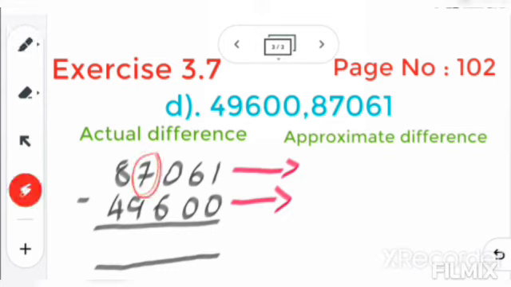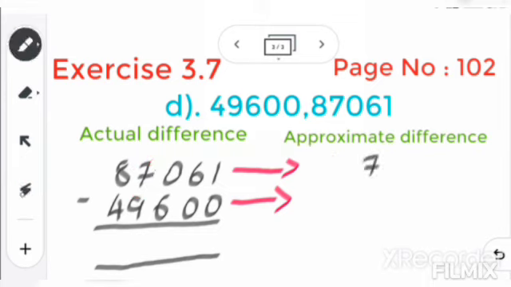Here we have 7, and then you look at the number on the right side. So the right side number is 0. 0 is smaller than 5. Since it is smaller than 5, then we don't make any change here. So this thousands place we write as it is. So this 7 we write as it is here in thousands place.